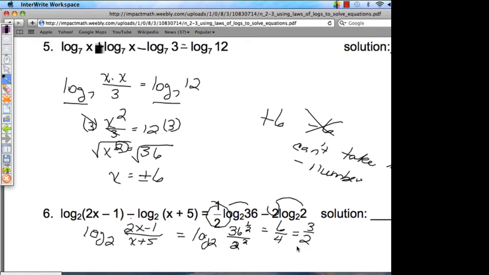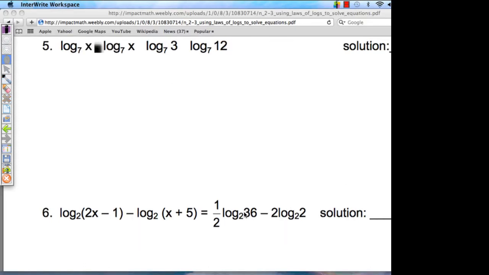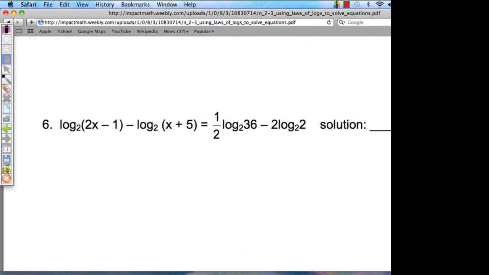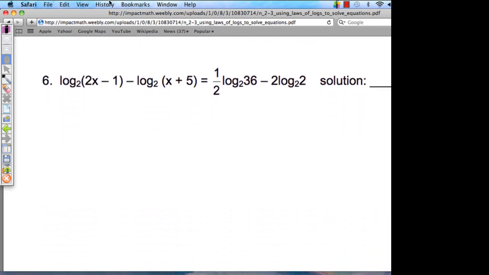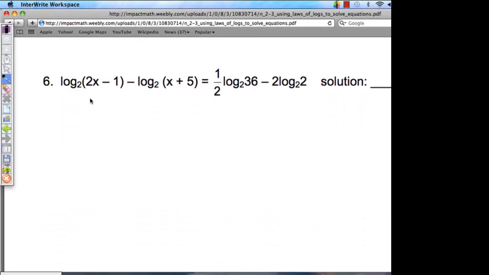Alright, so I'm going to have to move this up because I don't have enough room to work. So hopefully you have written this on your notes. I'll rewrite it after I move it up a little bit. What we end up with then is the log base 2 of 2x minus 1 over x plus 5 is equal to 3/2.